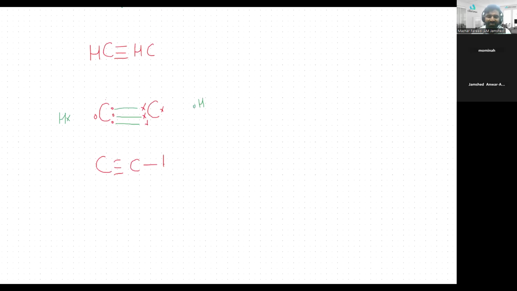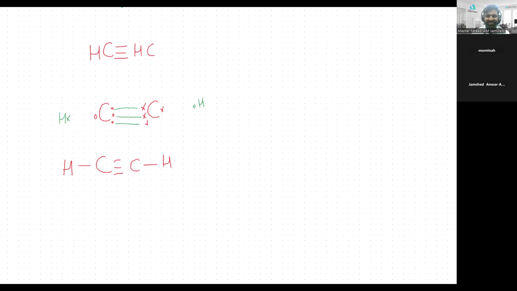Can you count the number of covalent bonds in ethine? 1, 2, 3, 4, 5. So how many triple covalent bonds are present in ethine? 1.